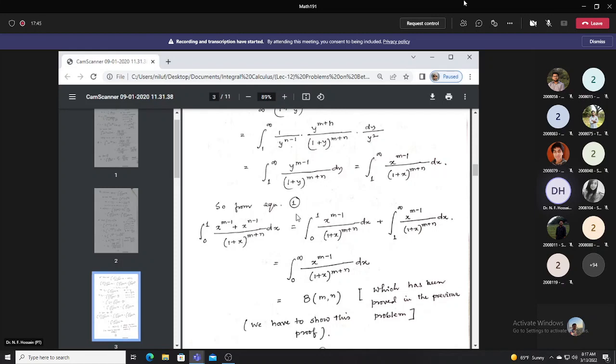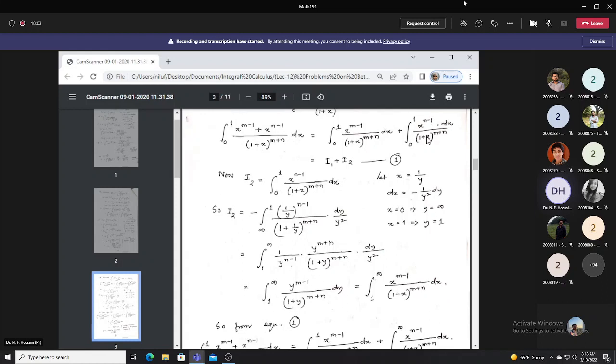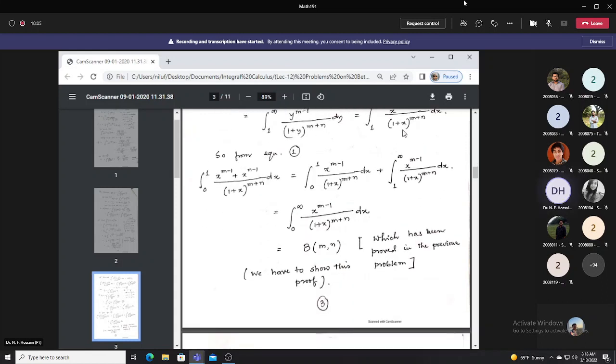Now you put the value of I2 in equation number 1 here. So this was the integral given to us, and now you are getting this 0 to 1 integral, plus in place of this I2 we have got 1 up to infinity, the same function. 0 to 1 x to the power m minus 1 divided by 1 plus x whole to the power m plus n, and here x to the power m minus 1 divided by 1 plus x whole to the power m plus n.